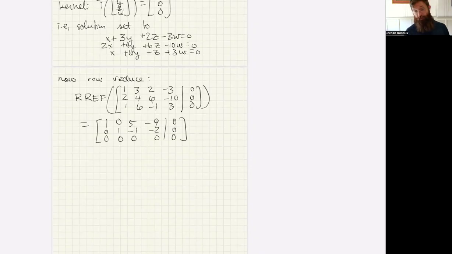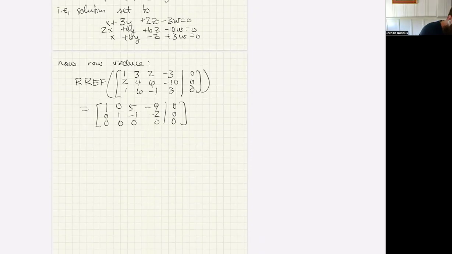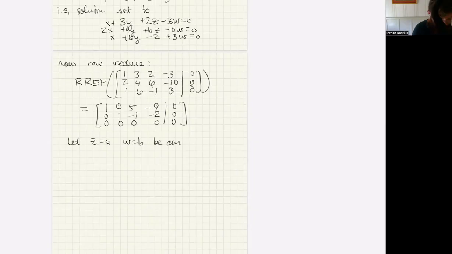We're going to use what we learned in LE to express the solution set as a set of vectors. So let z equal a and w equal b be our free variables, and then solve for the kernel.